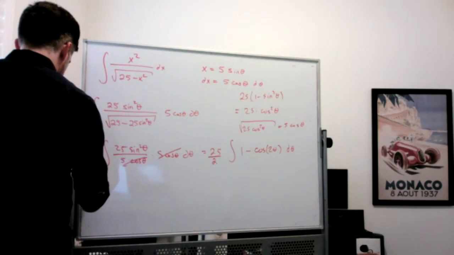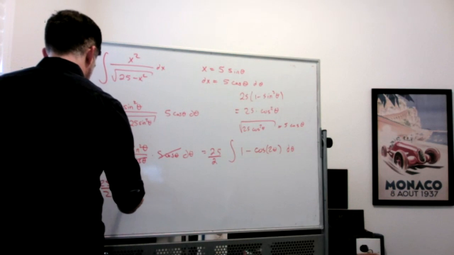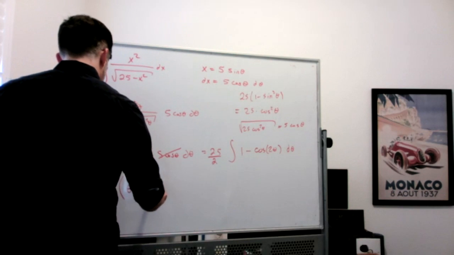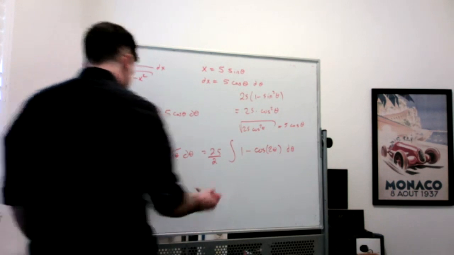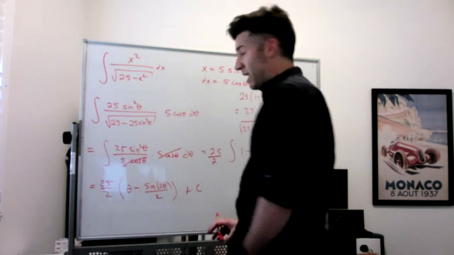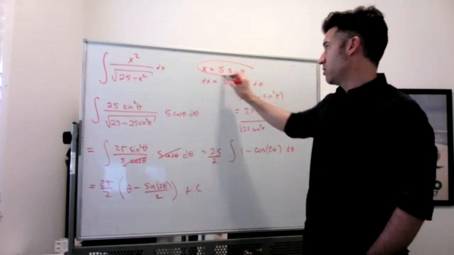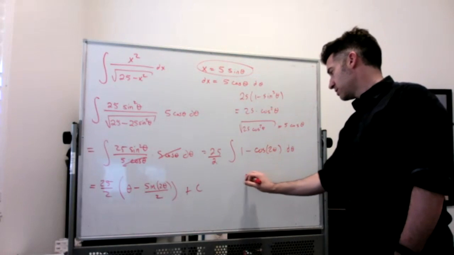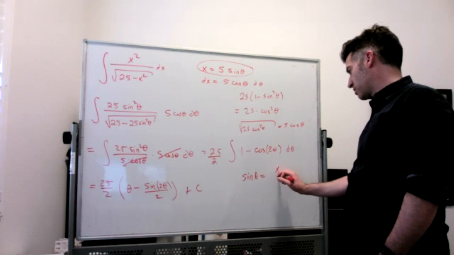We're going to get 25 over 2 times theta minus sine of 2 theta over 2. But again, we'd like to plug back in for theta. So I'm going to use a triangle. I'm going to use the fact that sine of theta equals x over 5.